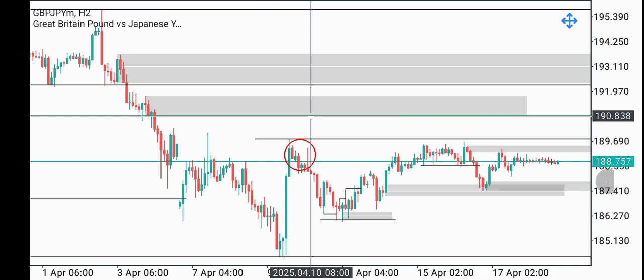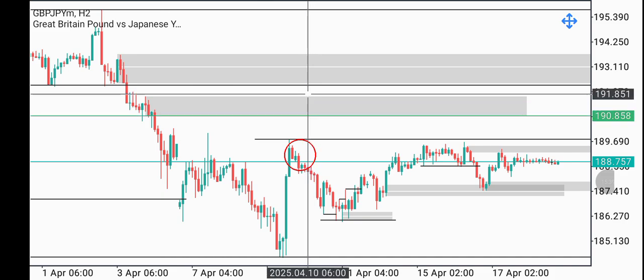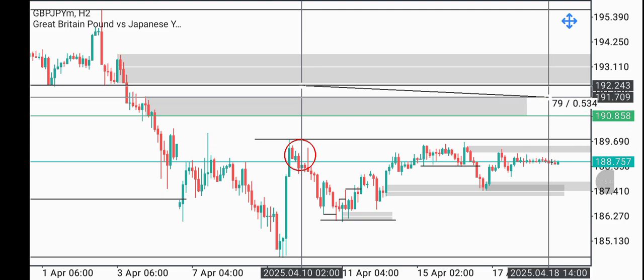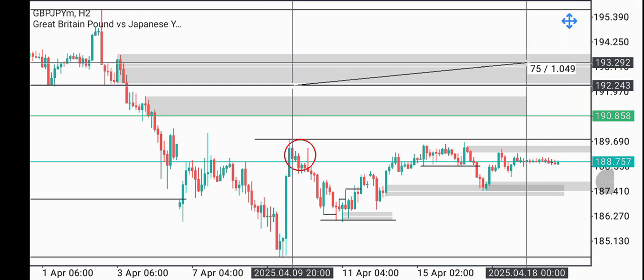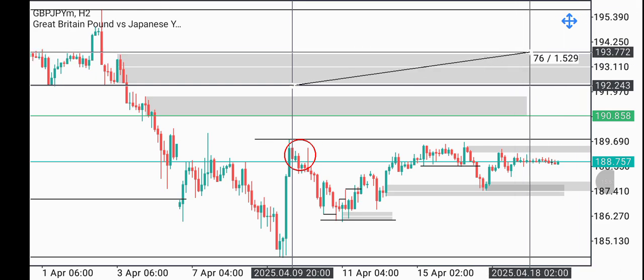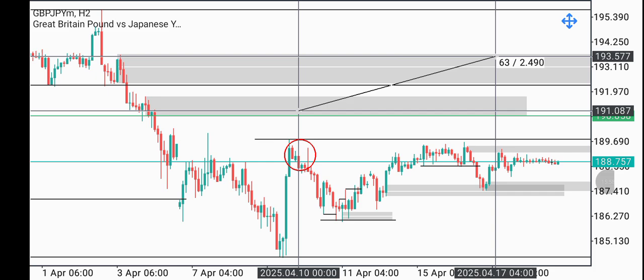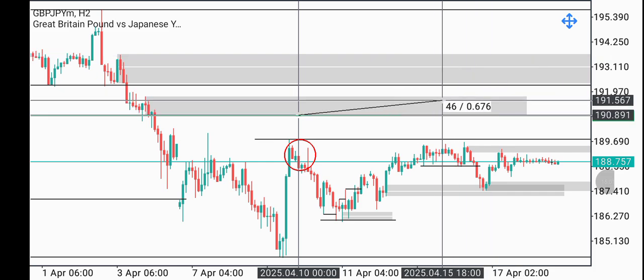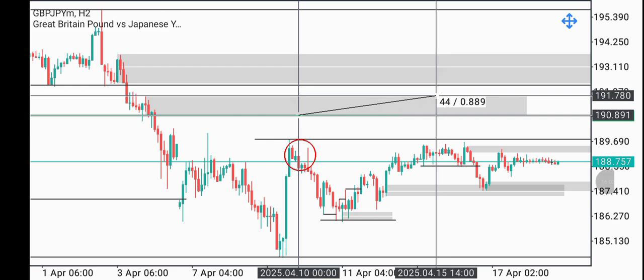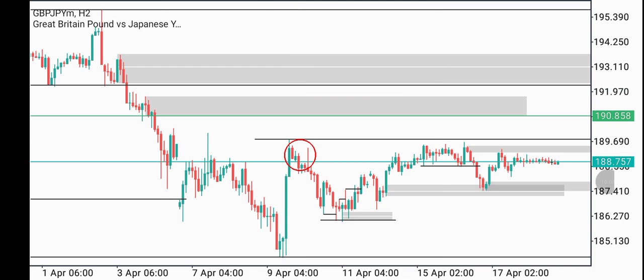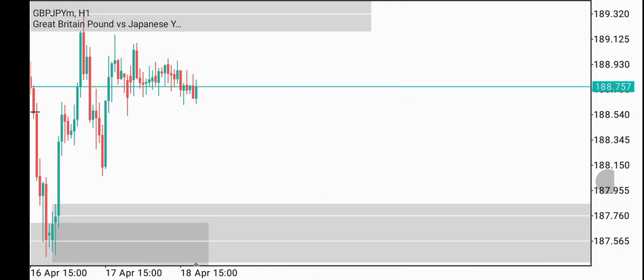If the zone is more than 20-30 pips, we go for a confirmation entry. Second zone here, it's more than 30 pips, we go for confirmation entry. So what we can do here is scale down to the 1 hour.